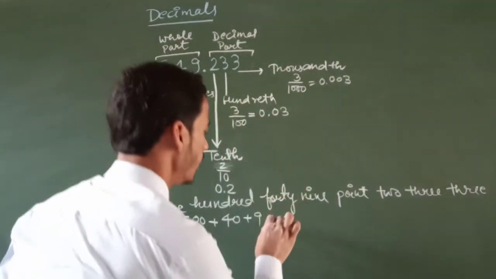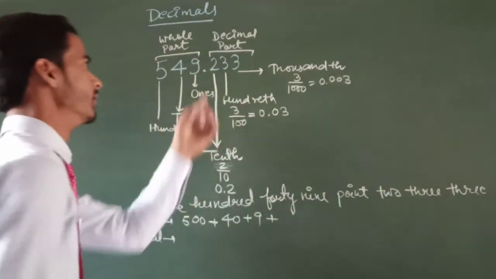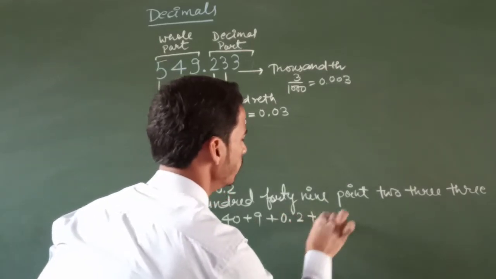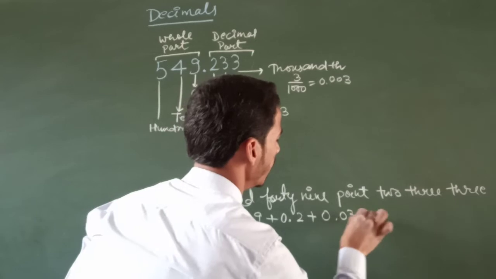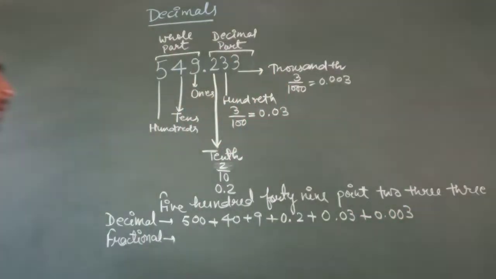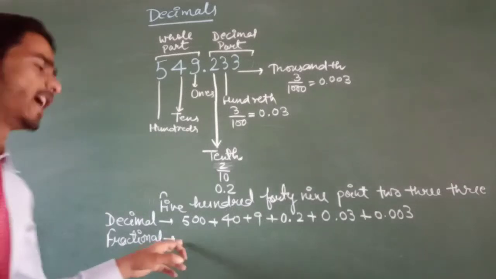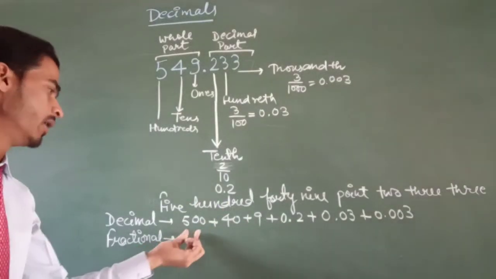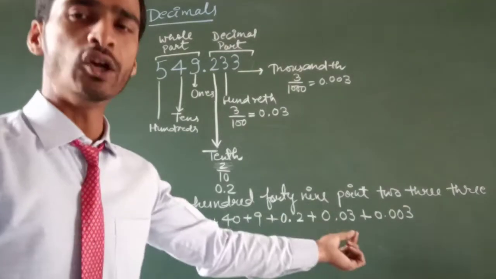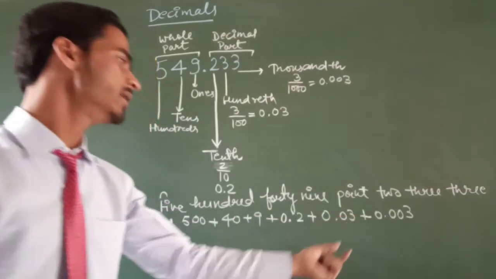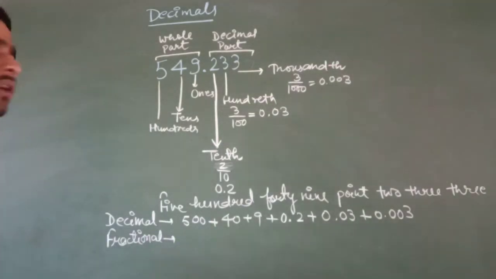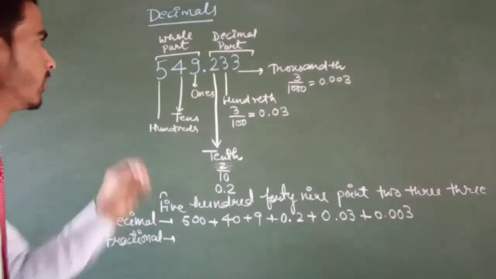And now for the decimal part, it will be 0.2, 0.03 and 0.003. The decimal expansion of this number will be 500 plus 40 plus 9 plus 0.2 plus 0.03 plus 0.003. And now the fractional expansion. What will be the fractional expansion for this number?